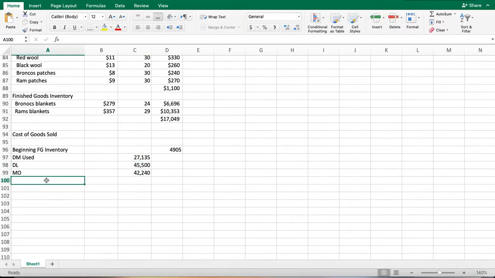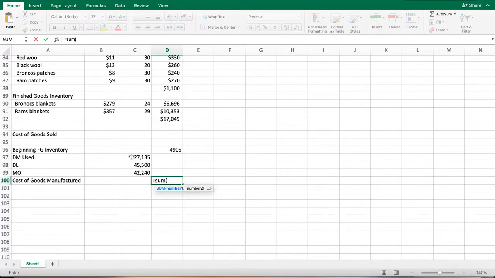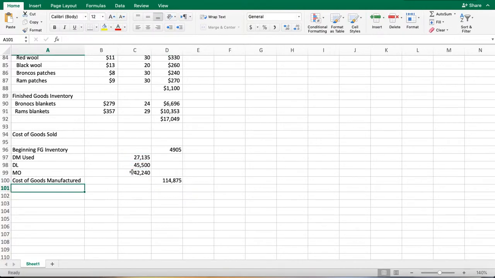So those numbers together give me my cost of goods manufactured. Just my direct labor, direct material, manufacturing overhead.